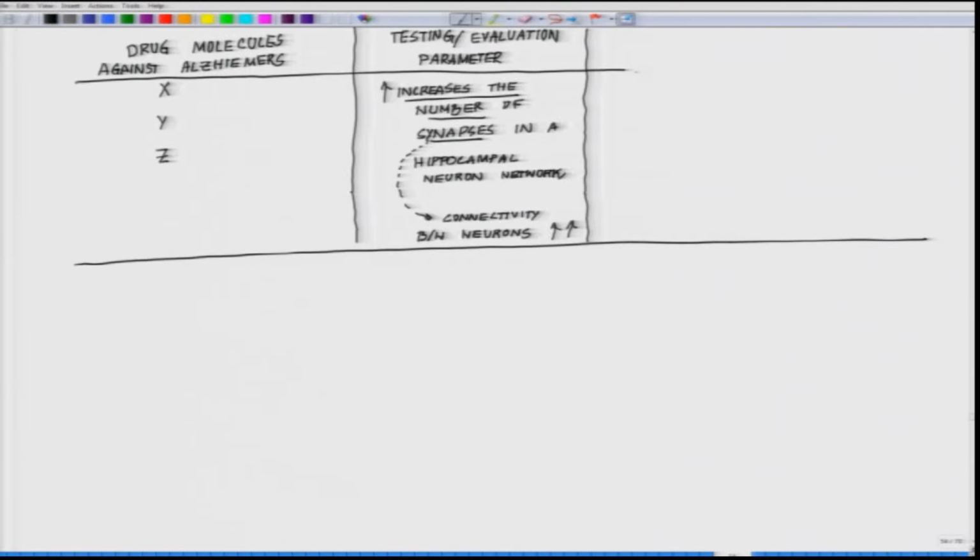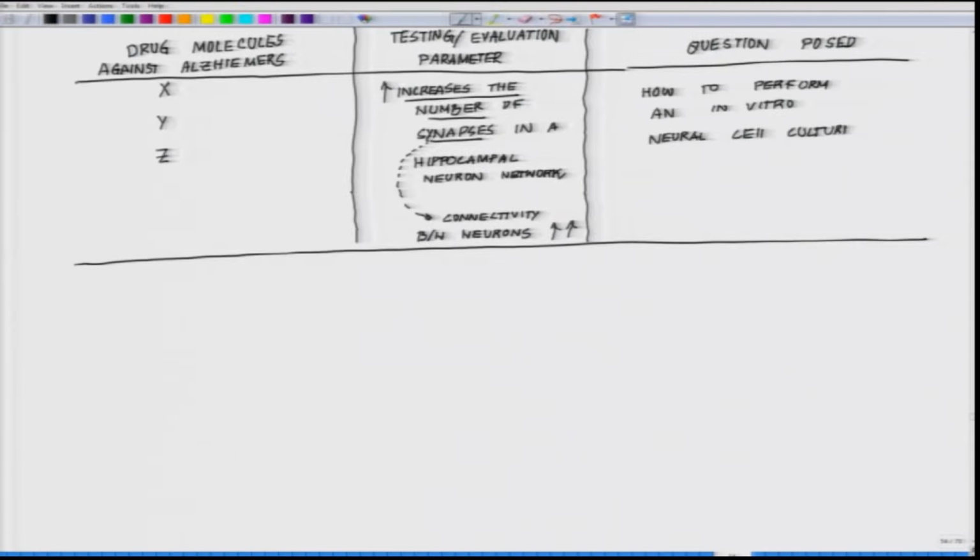So, the question which was posed in front of us as cell culturists is how to perform an in vitro neural cell culture assay to test or validate this fact or proposal.